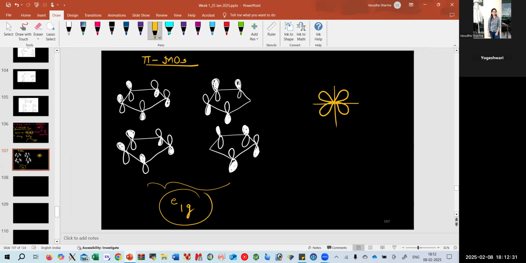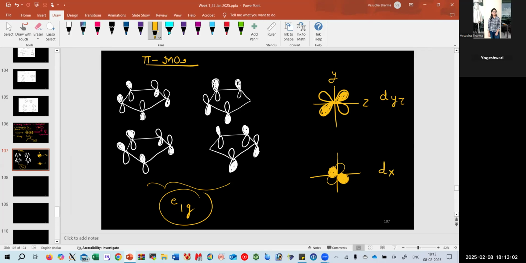So d orbitals are in between the axis. If I'm saying this is my z-axis, this is my y-axis, so this becomes your dyz. Similarly, if you have something like this, it is showing you that it is coming out of plane.